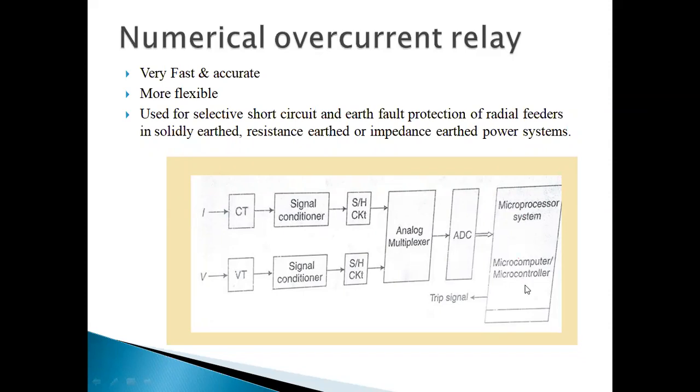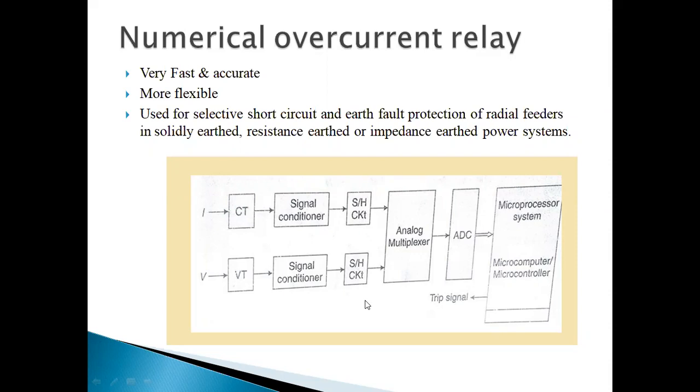That can be a microprocessor or microcontroller, you can use either. Here again the comparison will be done, and if there is any fault, then the signal will be given. This is the trip signal that will be given to the circuit breaker here.